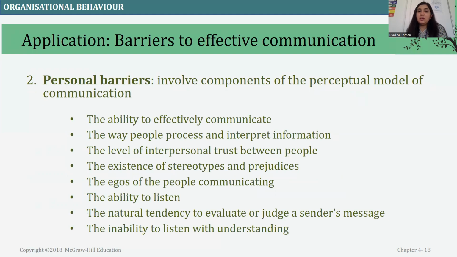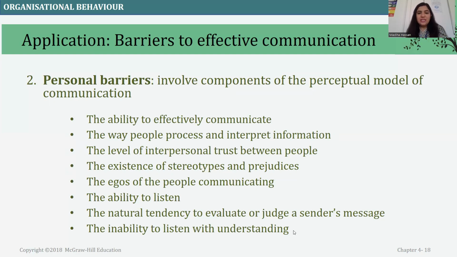Then personal barriers: the ability to effectively communicate, the way people process and interpret information, the level of interpersonal trust, the ability to listen, and the egos of people. Sometimes people who have egos are not able to communicate properly.